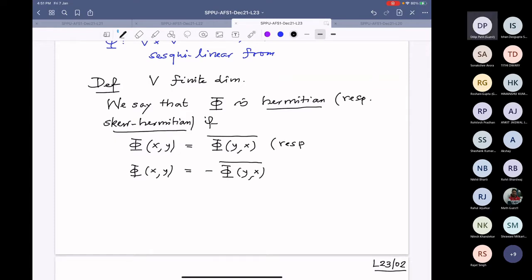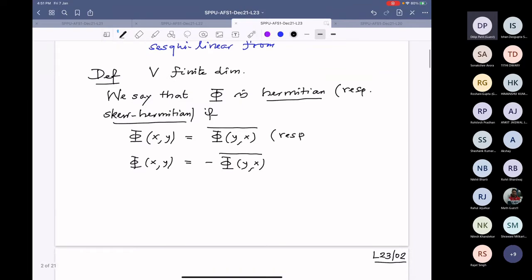This is the definition. Now I want to make one very strong comment. Remember our assumption, this is very important, because when you read other books you will get confused. Remember our convention: kappa on k, the involution.